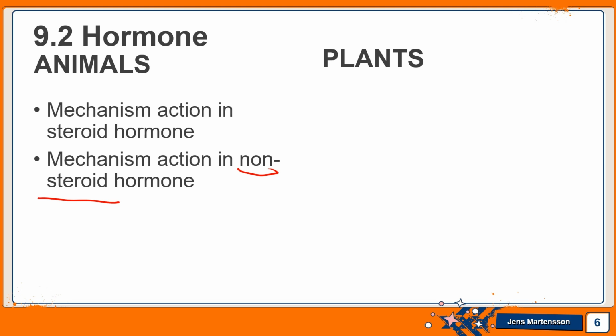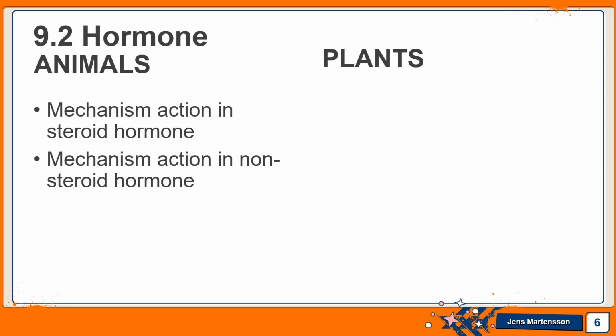Because in the examination, maybe it will ask you to give an example of steroid hormone in a structure question. One example of steroid hormone is sex hormone. Progesterone, estrogen and testosterone are types of steroid hormone. Insulin and glucagon are non-steroid hormones.